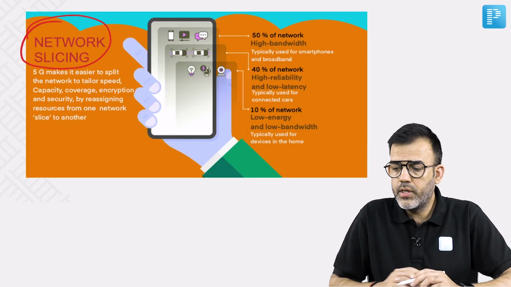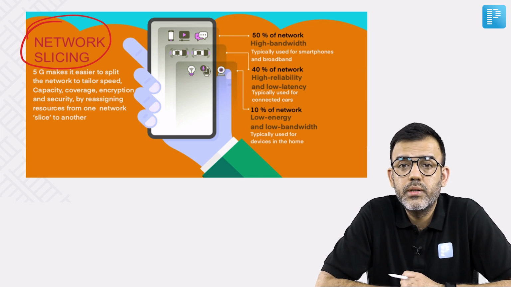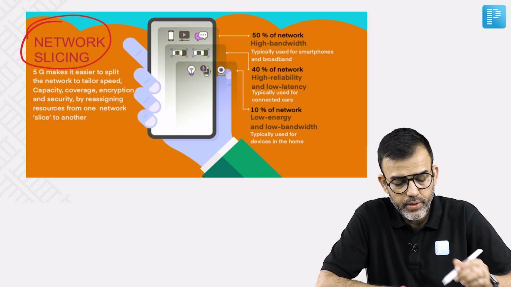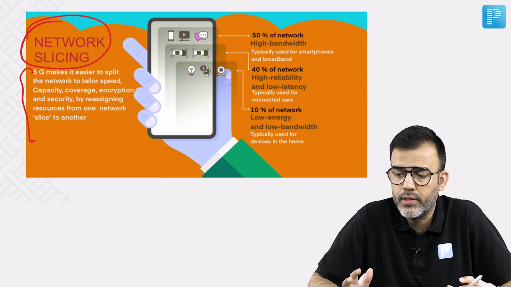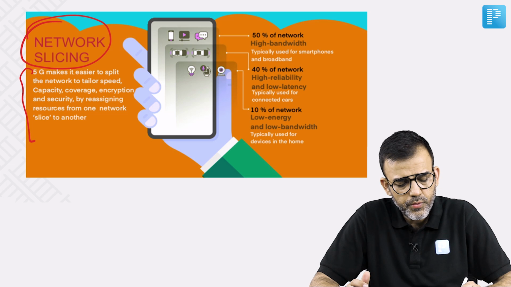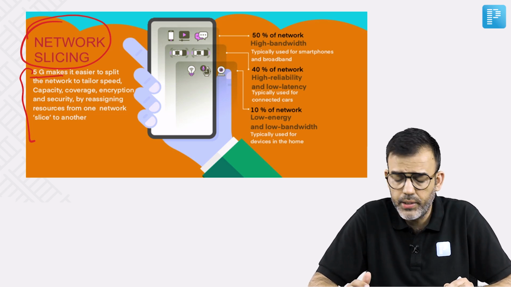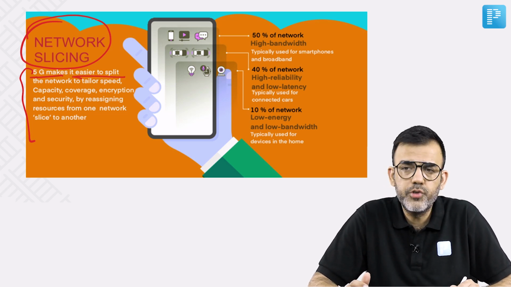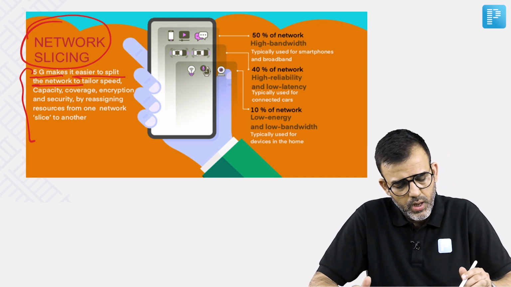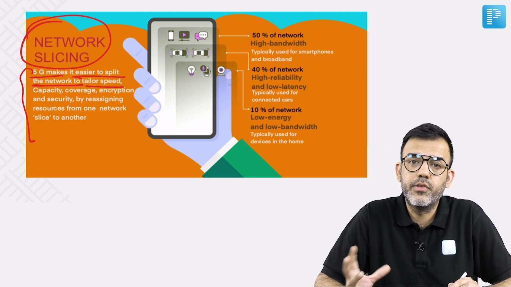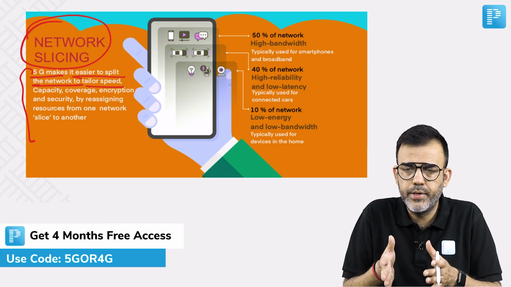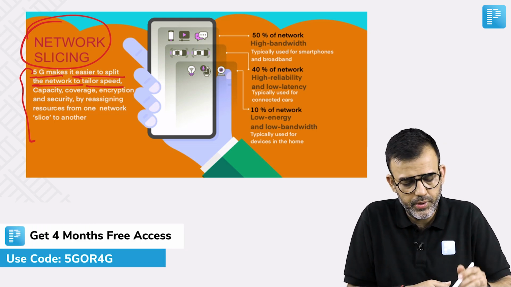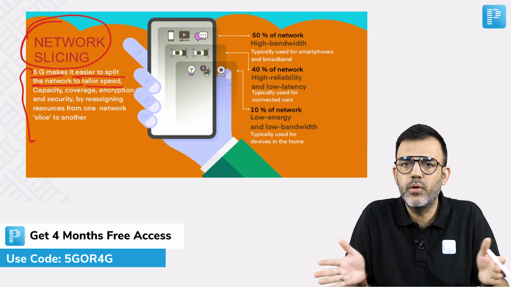This term is very important, network slicing, and you should understand this. This can come in prelims as well as in mains. What is network slicing? 5G technology makes it easier to split the network to tailor-made speed. You can divide the whole network speed into different dimensions, so you can slice the whole network.